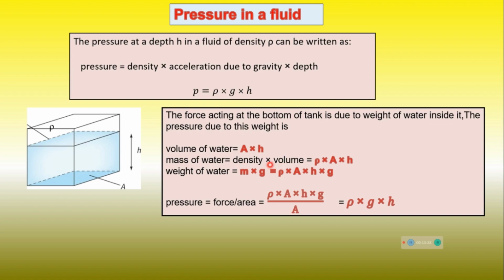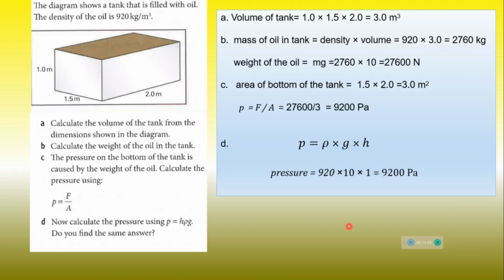As we know, density is equal to mass divided by volume, so we can rearrange the formula. Mass of water is equal to rho multiplied by A multiplied by H. And weight of water, we know weight is equal to mg. So when you divide the force, the weight of water, by area, you get rho gh.